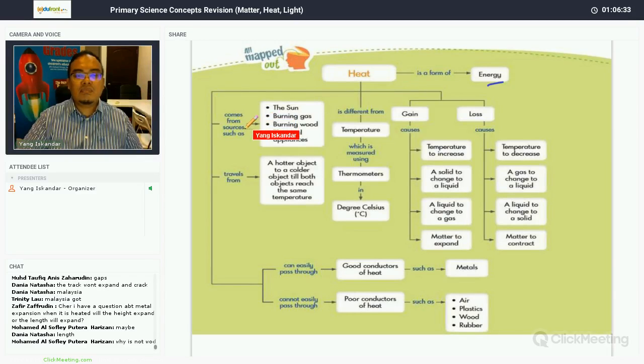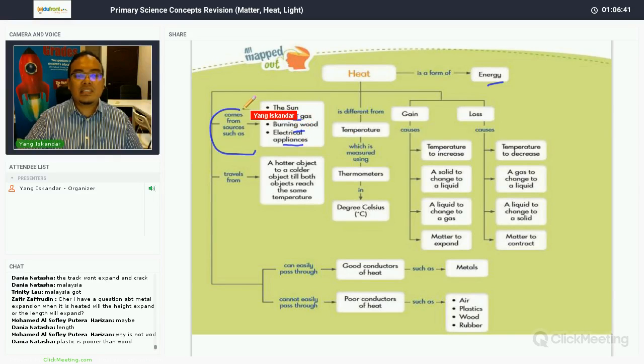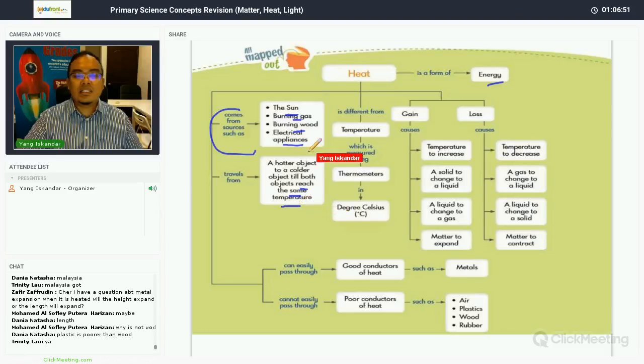Heat comes from different sources, such as the sun, burning gas, burning wood, and electrical appliances. Heat travels from a region of higher temperature to a region of lower temperature until they reach the same temperature.